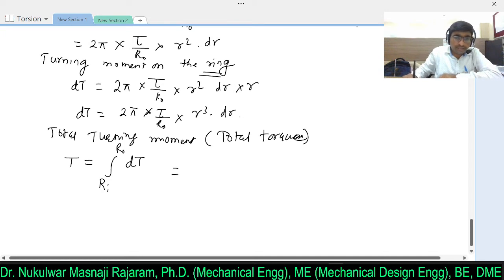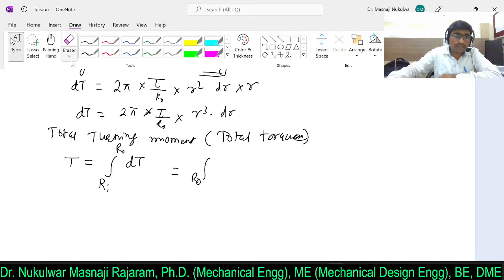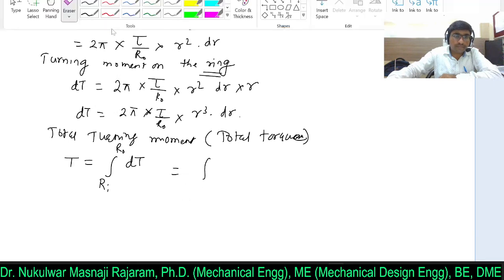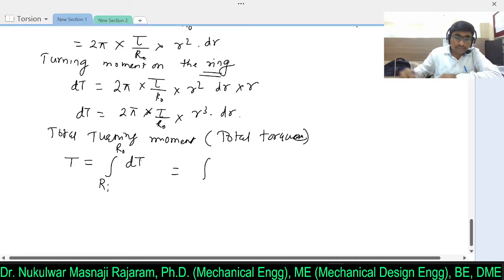So I will rewrite this equation, integration from Ri to Ro.